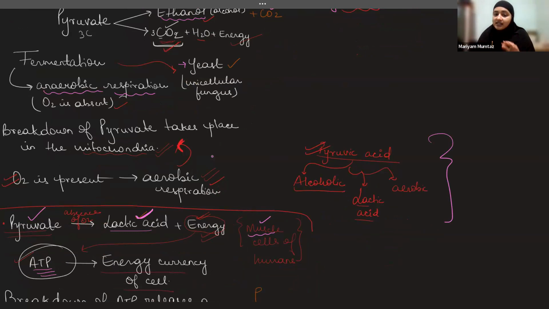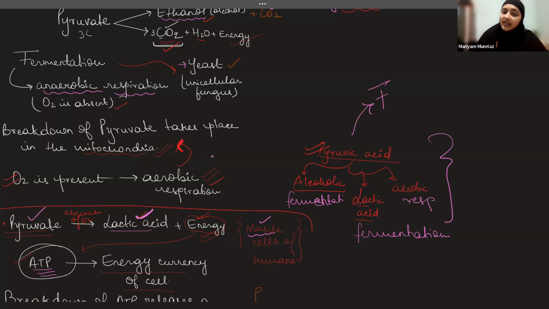So pyruvic acid can undergo alcoholic fermentation, it can undergo lactic acid fermentation, and then there is aerobic respiration. These three pathways we'll call the fate of pyruvic acid.